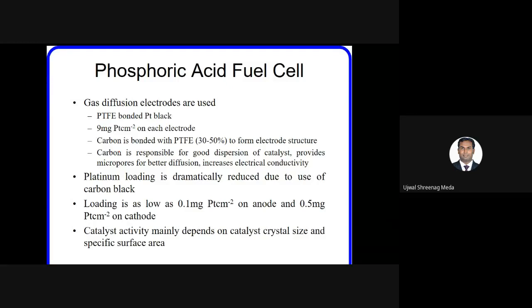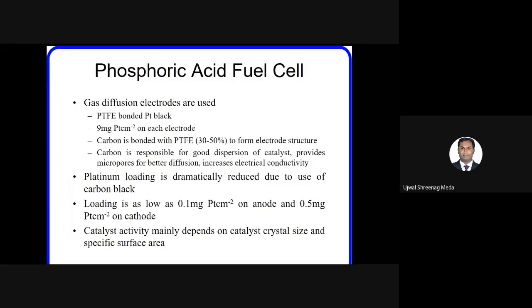Irrespective of the catalyst and the fuel cell or the electrode, the catalyst activity depends on the particle size distribution and surface area that is created because of the size of the catalyst particles. And this is how the electrodes of phosphoric acid fuel cell are fabricated in general.